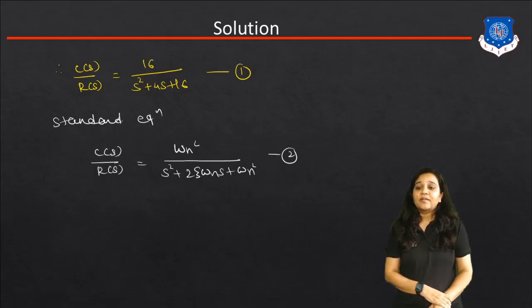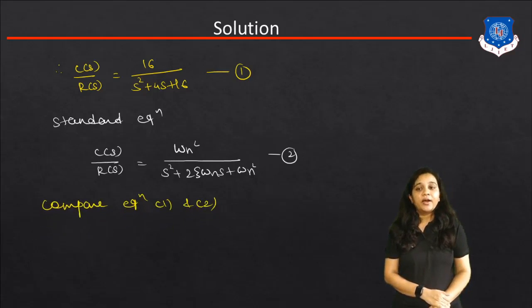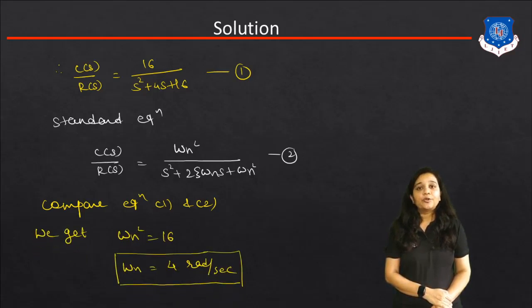Now the standard equation is C of s upon R of s, that is equal to omega n square upon s square plus 2 zeta omega n s plus omega n square. This is equation number 2. So we have to compare equation number 1 and 2 and find out the value of natural frequency and the damping ratio. So omega n square is equal to 16.